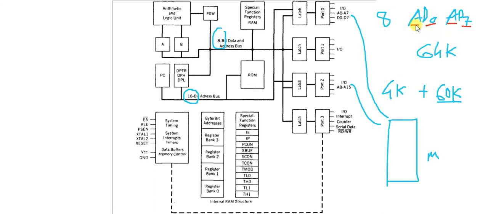And port 2 works as A8 to A15, the higher order address bus. So the combination of these two ports gives two separate buses, which when we decode them are nothing but D0 to D7 and A0 to A15. Okay, so this is 16 bit.